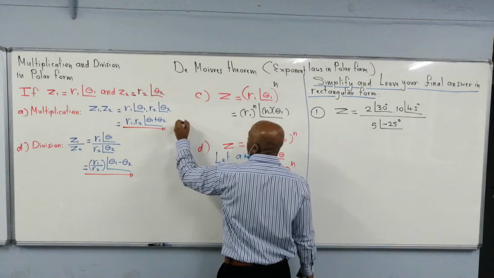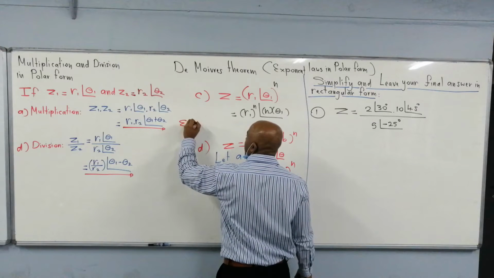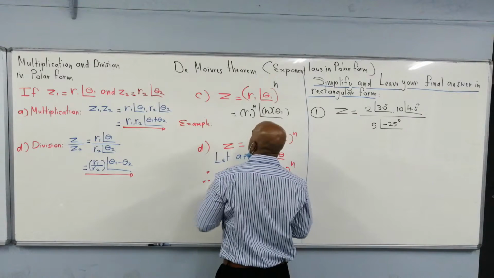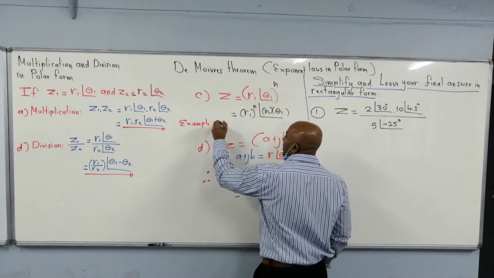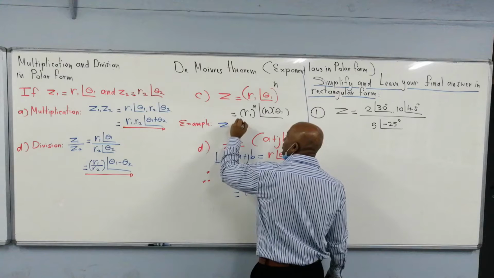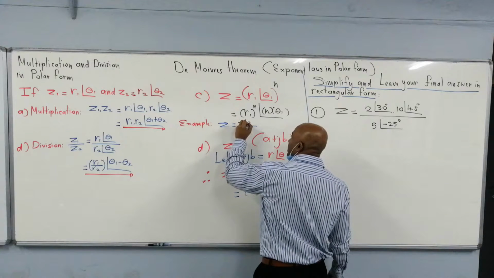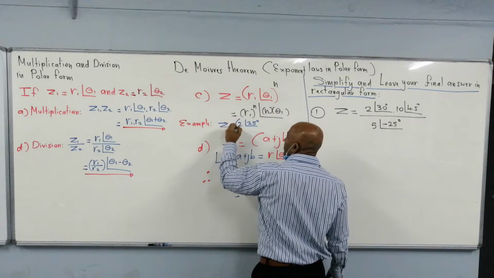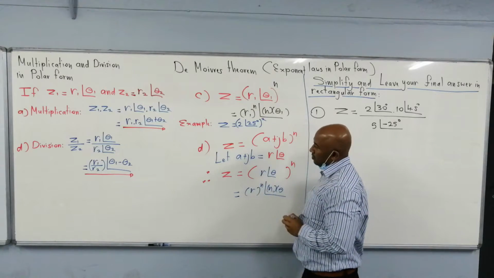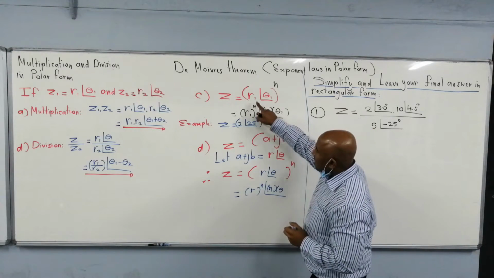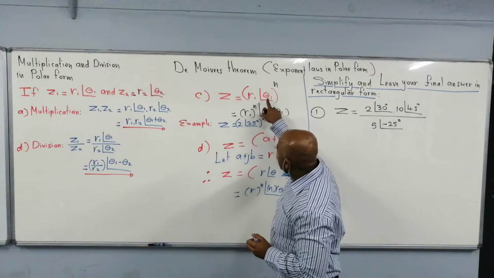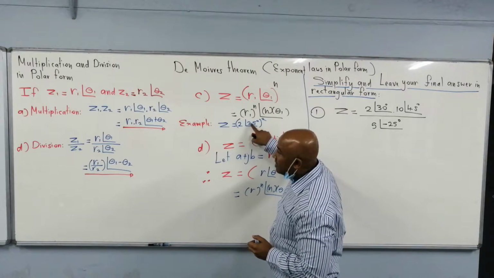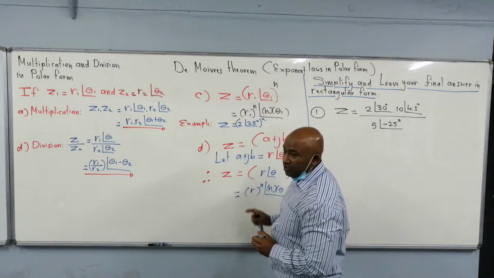Let's take an example here for this one. If I have Z is equal to 2 with my angle 25 degrees, all raised to the power 2. So there's my R which is 2, theta which is 25 degrees, and my exponent n is 2.